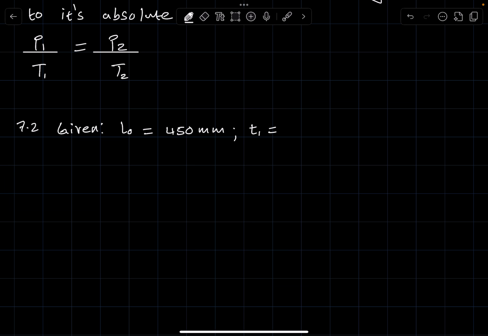So T1 is 30 degrees C, right? Notice how I use small letter t. Why? Because I'm writing the temperature in degrees. Only when you're writing the temperature in kelvins, which is its absolute state, do you then use capital letter T.